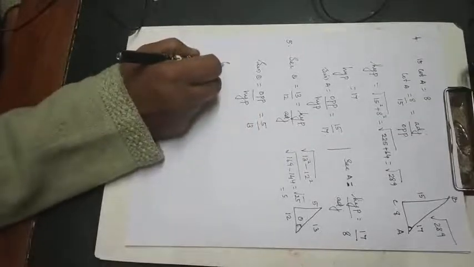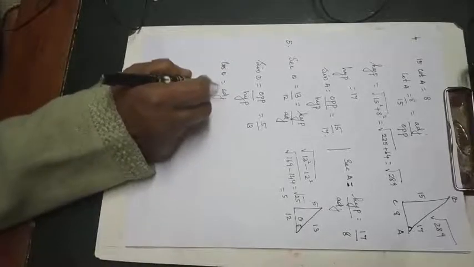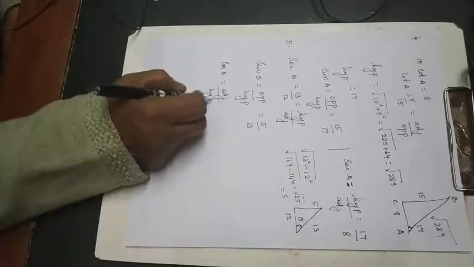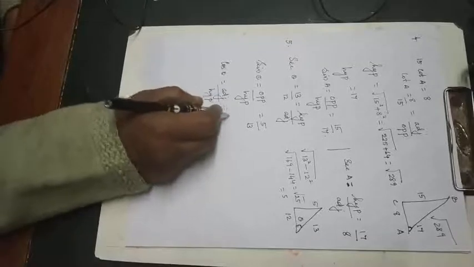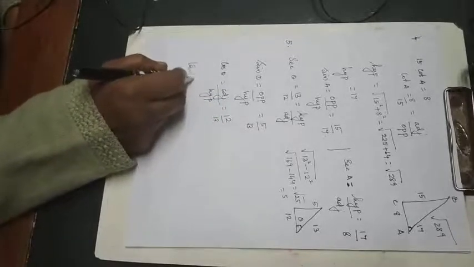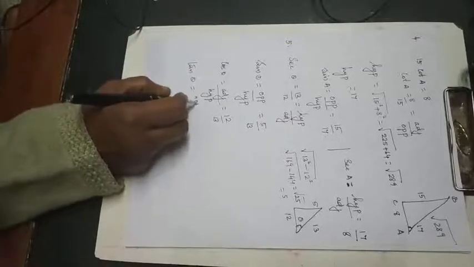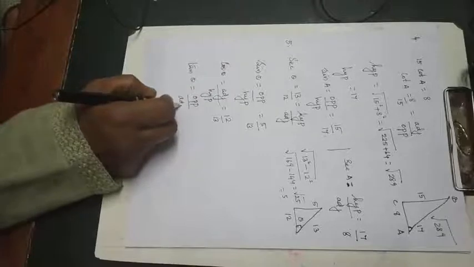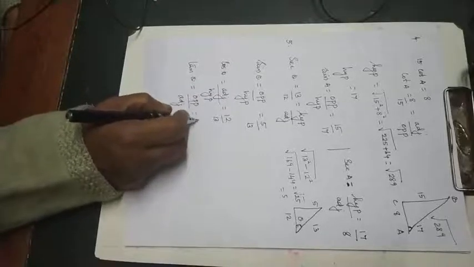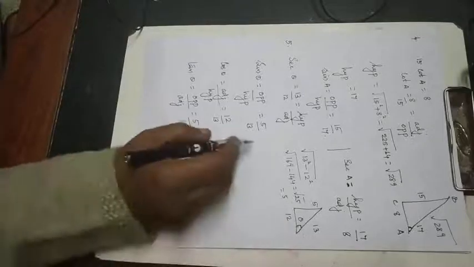Then cos theta is adjacent side by hypotenuse, so that is 12 by 13. Then tan theta is equal to opposite side by adjacent side. Opposite side is 5, adjacent side is 12, so it is 5 by 12.